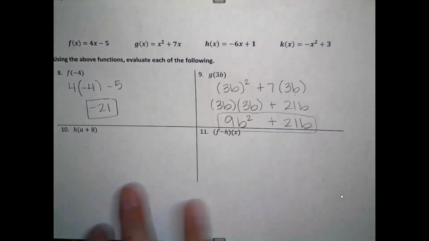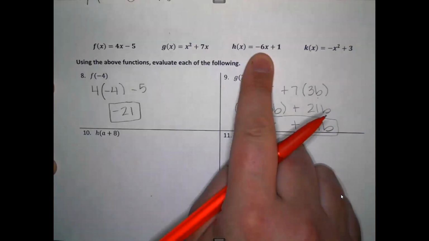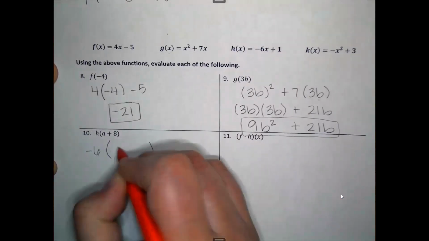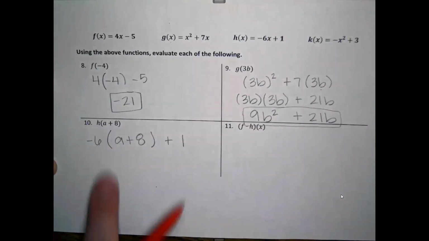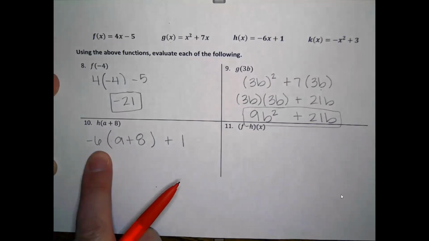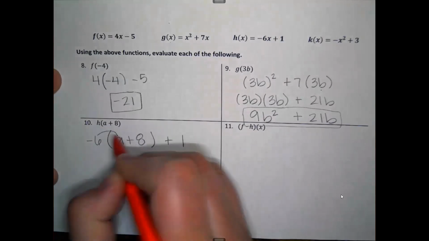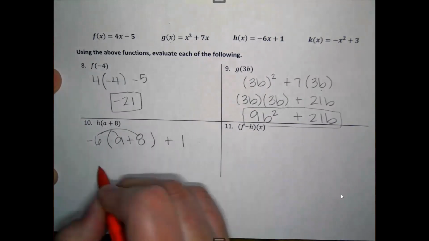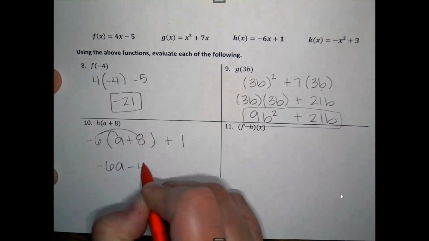Okay. This one tells us to take function h, and we're going to plug in a plus 8. So -6, plug in a plus 8, and then it still has the plus 1 on the end. And what do we do if we have something in front of parentheses? We distribute it. So -6 multiplied by a, -6a, -6 multiplied by 8 is -48.